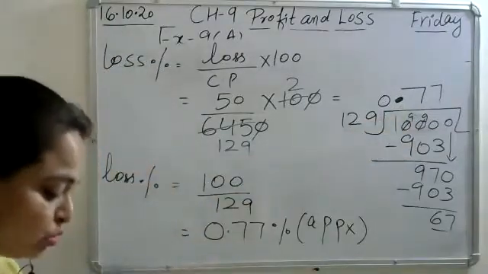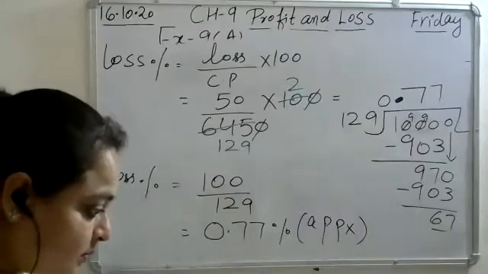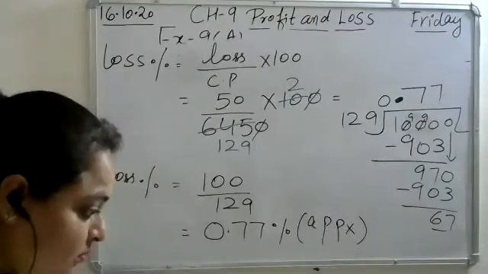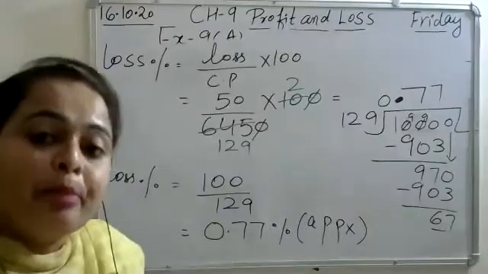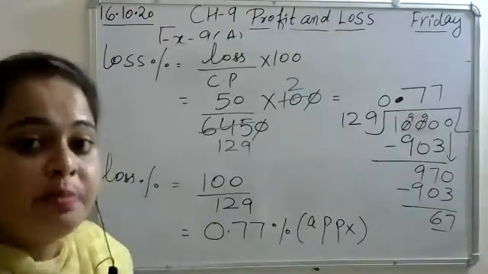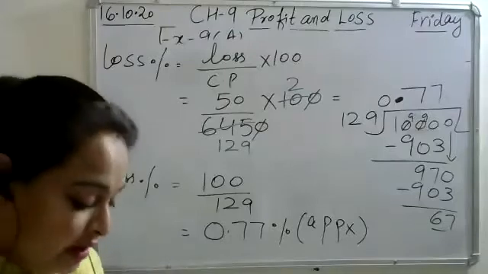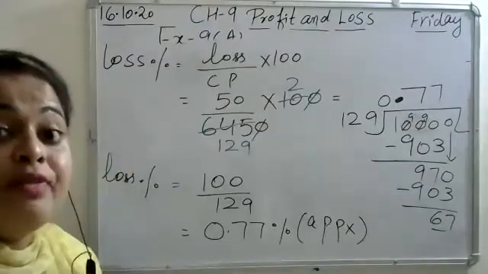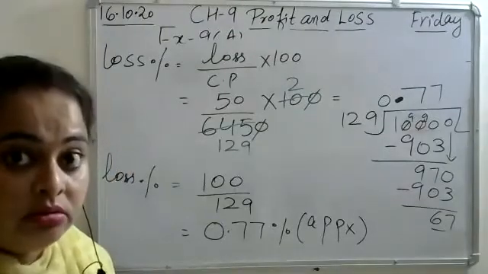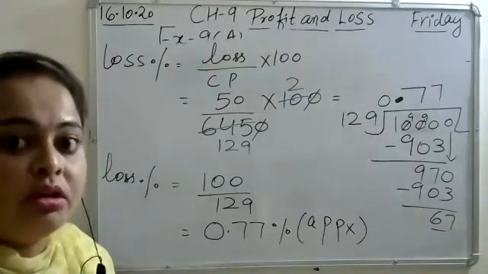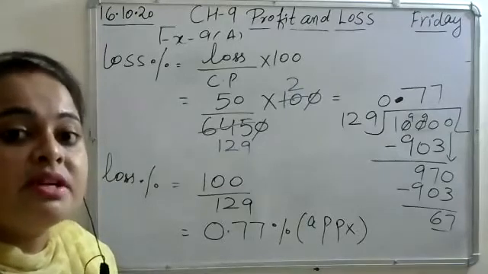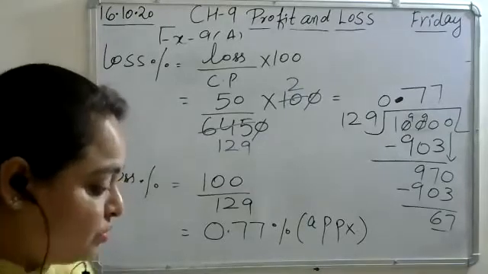Write down. And if the question is based on finding the profit percentage or loss percentage, then you will not only find the loss or profit; the question is to go further, to find the loss percentage or profit percentage.